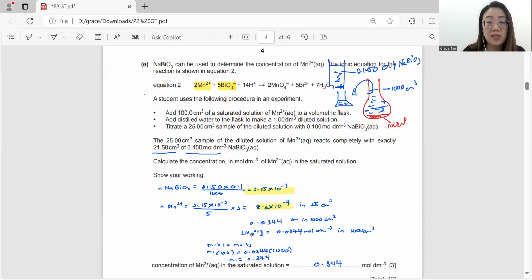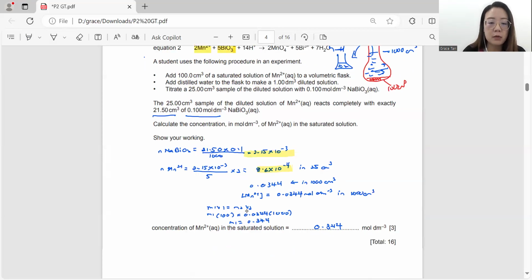But this concentration is still in the 1000 cm³ or 1 dm³. They want us to calculate the concentration of the saturated, which is the red color one, down here. Okay, so dilution is M1V1 equal to M2V2. So the concentrated one is M1. I do not know what is the molarity of the concentrated one. And I took 100 of the concentrated one.